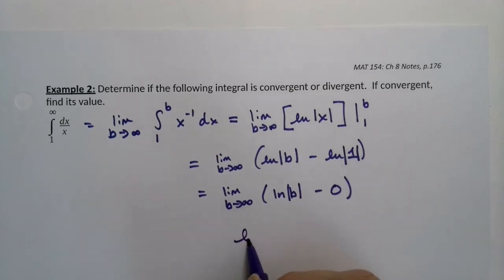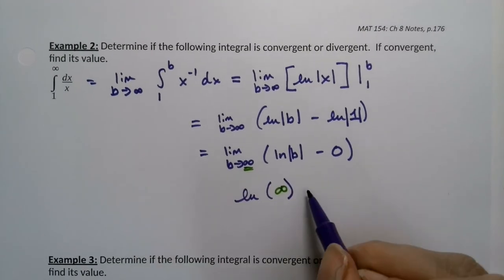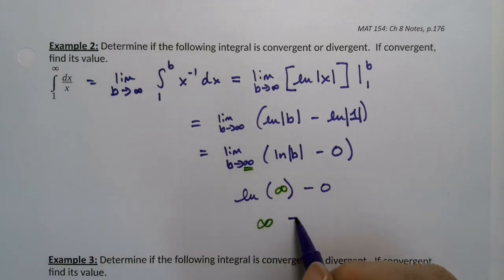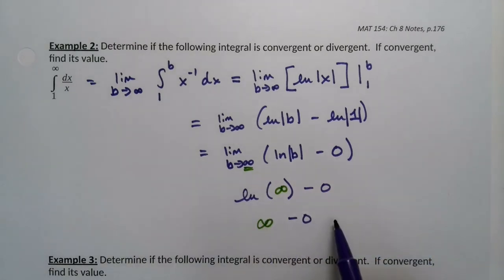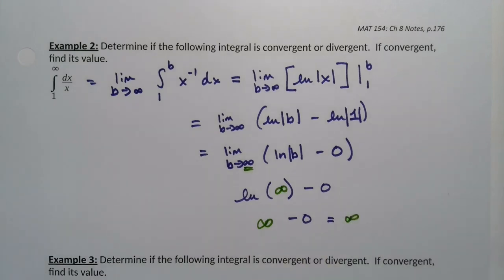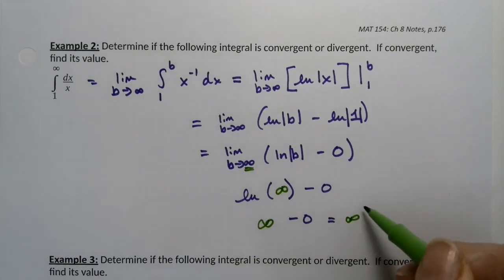Okay, so now I'm going to substitute. That's the natural log of infinity. And if I look at this value right here, I'm going to substitute it in for a second. Well, the natural log of infinity is infinity, right? I mean, you're making it slightly smaller, but it's still infinitely large. And therefore, my overall value is infinity, which means that my integral, let me box that.